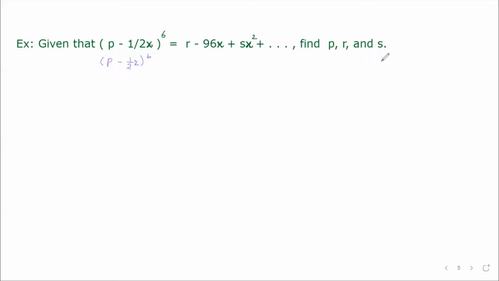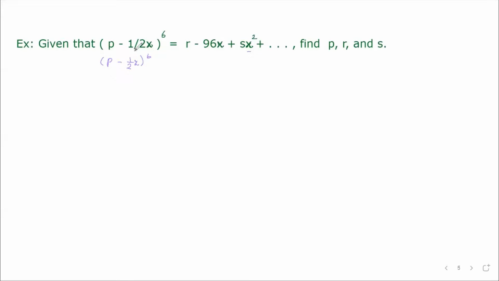Okay, in this case, how are we going to do it? From the left-hand side, we can use the formula again, the binomial expansion. And then we expand up to x power 2, which is enough. And use the identity to get the coefficients, equating only the term coefficients.